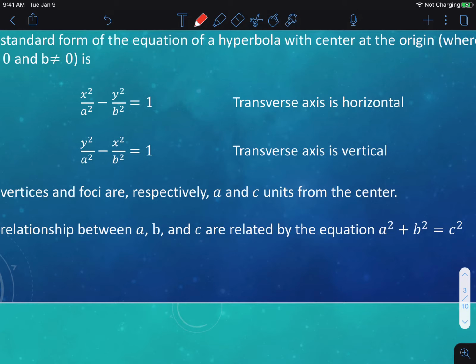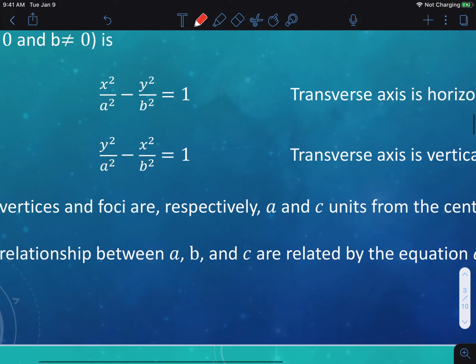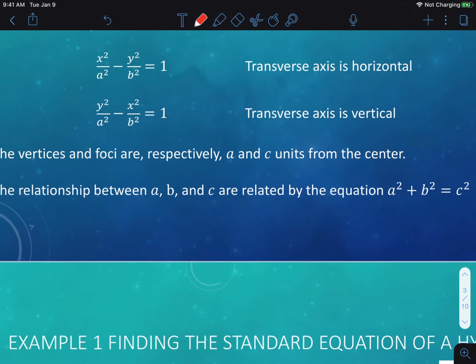So x is always paying attention to a horizontal line because it goes from left to right. Notice the position of a squared when the transverse axis is horizontal: we've got x squared over a squared. When the transverse axis is vertical, we know that y pays attention to a vertical line, and so now we have y squared over a squared, which gives us the transverse axis as being vertical.